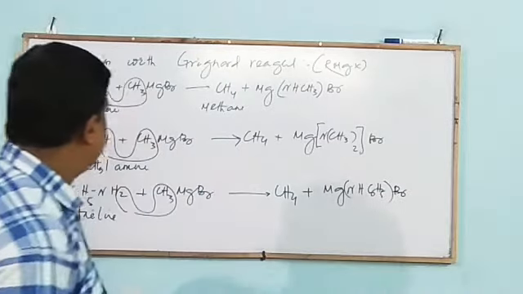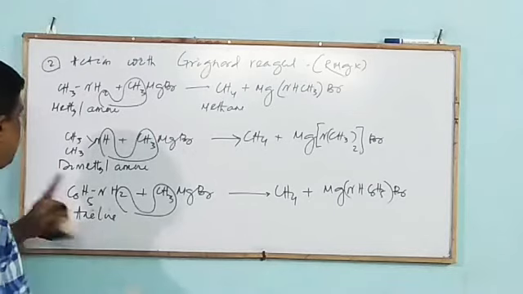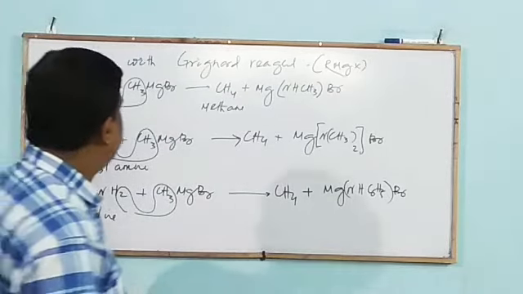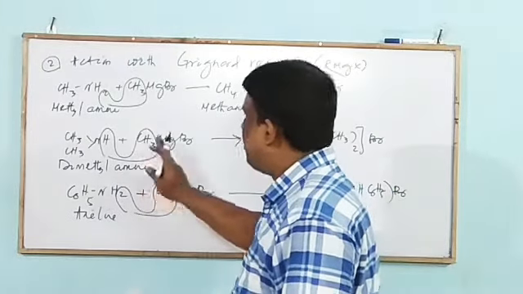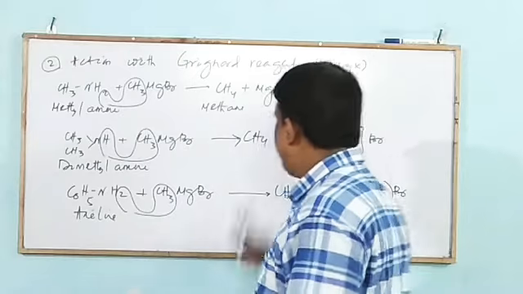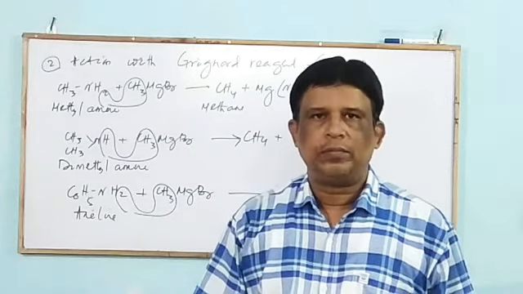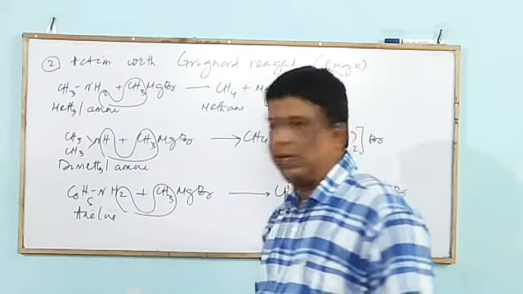So mark the equation: whether we select a 1 degree or 2 degree amine, aliphatic or aromatic amine, an alkane is formed. The alkyl group of the Grignard reagent plays an important role in the formation of the corresponding alkane. This is the second method, action with Grignard reagent.